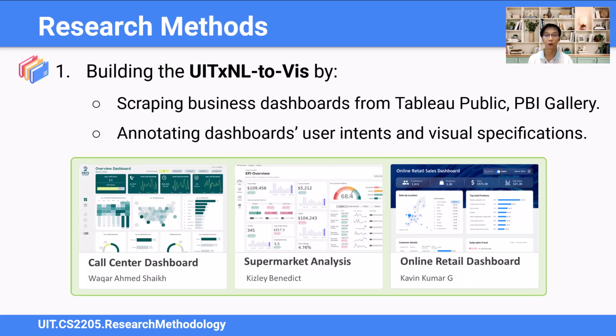To serve these objectives, for the first objective, building the UIT NL-to-Vis dataset, we start by scraping business dashboards from analytic platforms like Tableau Public or Power BI Gallery and annotate user intent and visual specification.